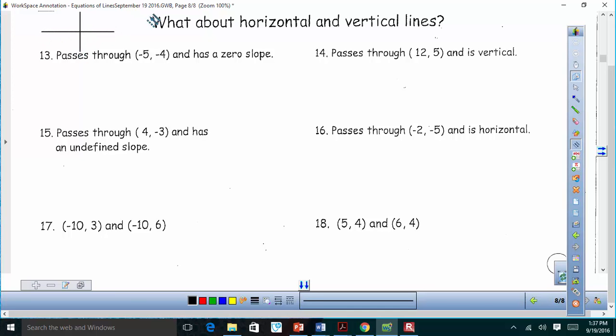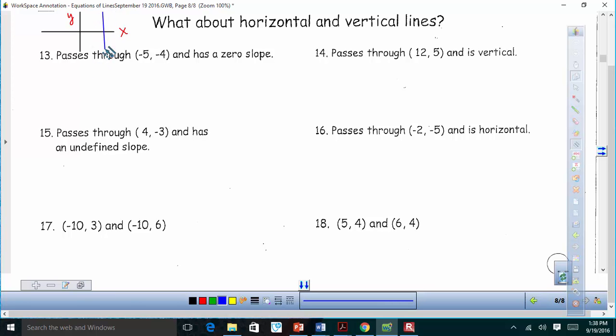So if this is my x and y axis, which one is the x? The vertical or the horizontal line? The horizontal. So this is my x, which means the vertical is my y. Now, if a line passes through the x-axis, is it going to go horizontally or vertically?